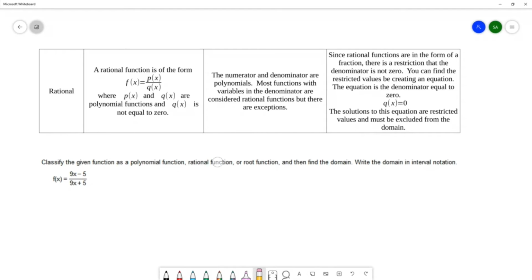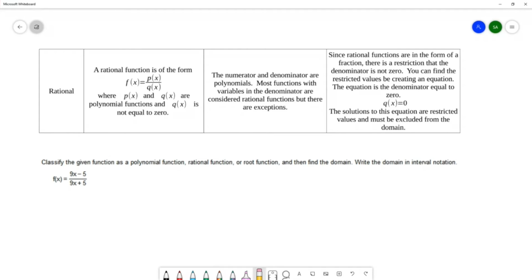Now the rational functions are the functions that follow this format where you have p of x over q of x. So meaning that our rational functions are the ones that are in fraction form. Now we do have the specific rule that the numerator needs to be a polynomial function and the denominator needs to be a polynomial function.